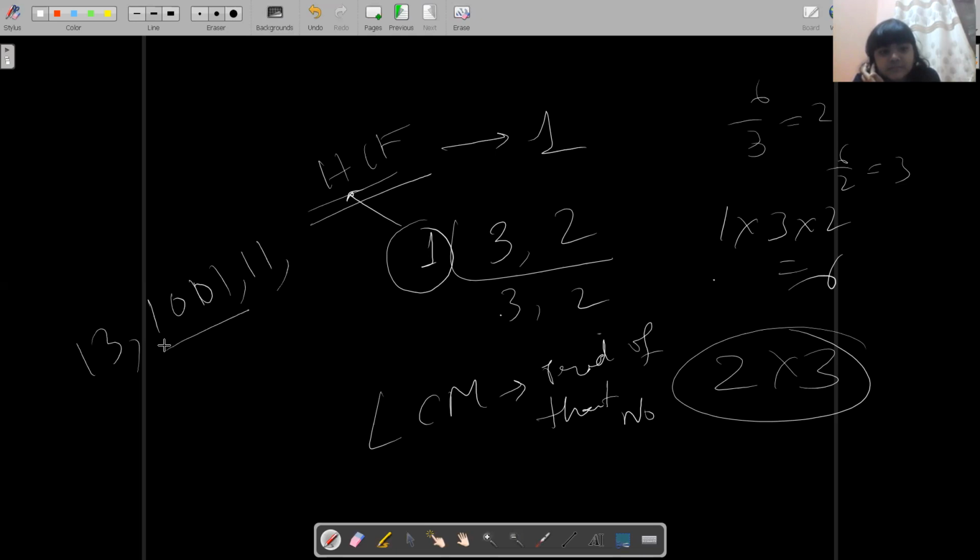But I can tell you, this 1001 is divisible by 11. 1 plus 0 plus 1, and 0 plus 1, the difference is 0. So it is divisible by 11. I'll come to the divisibility rule in a later class, maybe after your exam, how it is divisible and all.